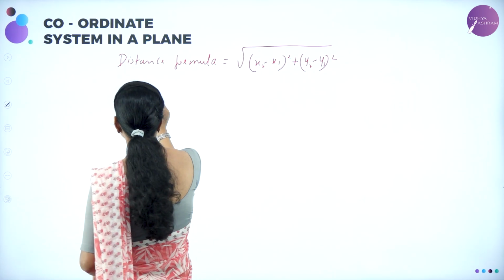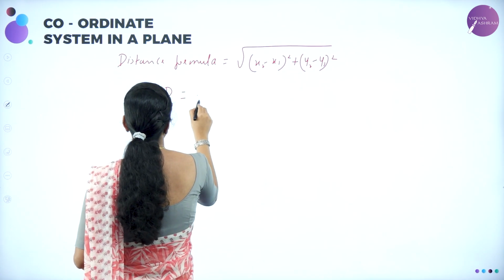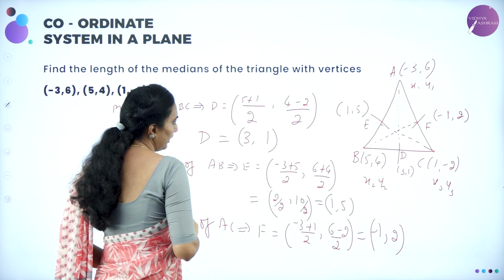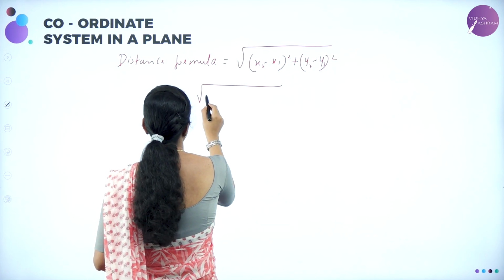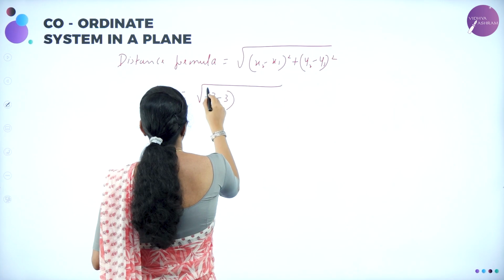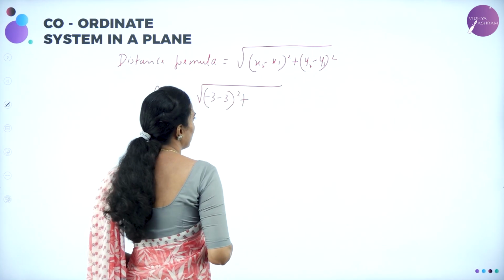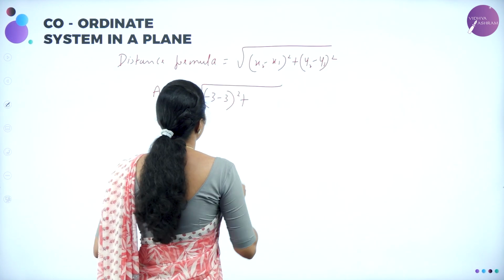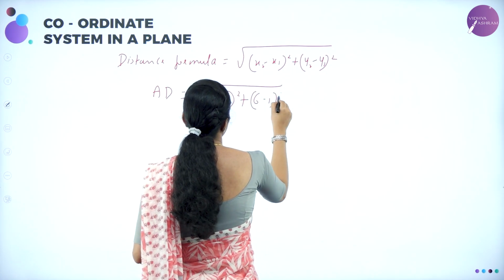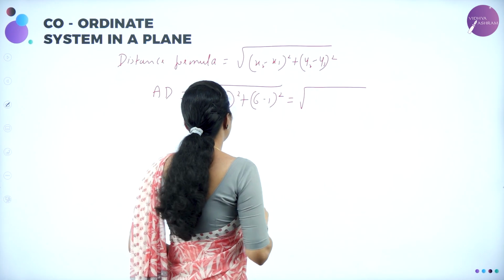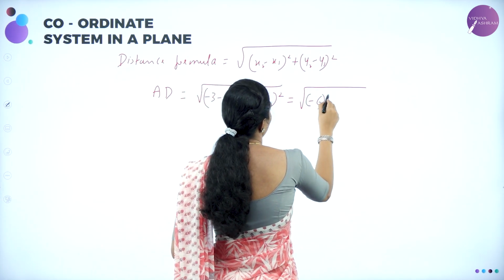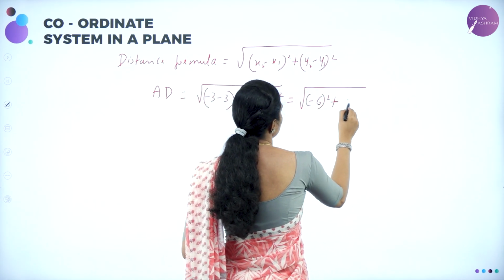Therefore AD is equal to square root of, what is AD? Minus 3 minus 3 whole squared plus 6 minus 1 whole square, which is equal to square root of minus 6 whole squared plus 6 minus 1 is 5 squared.